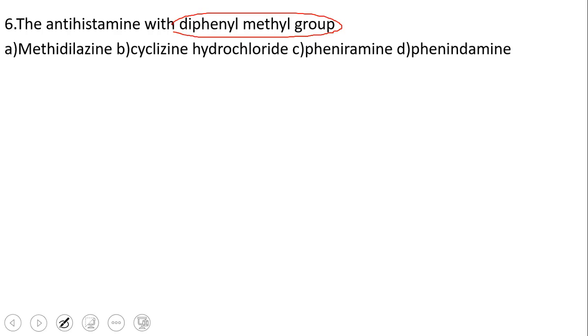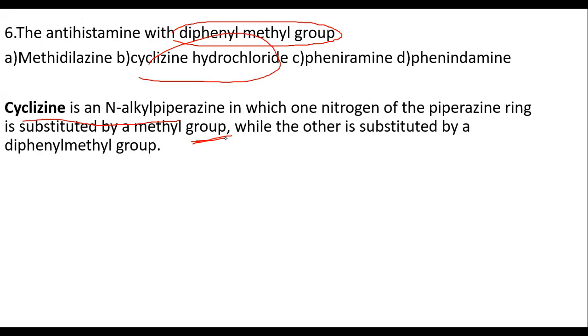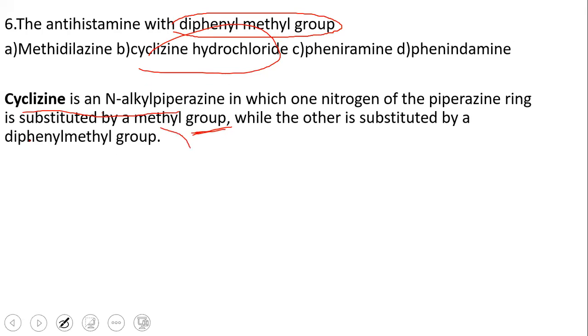So the diphenyl methyl group is contained in cyclizine hydrochloride. Cyclizine is an N-alkyl piperazine in which one nitrogen of the piperazine ring is substituted by a methyl group, while the other is substituted by a diphenyl methyl group.